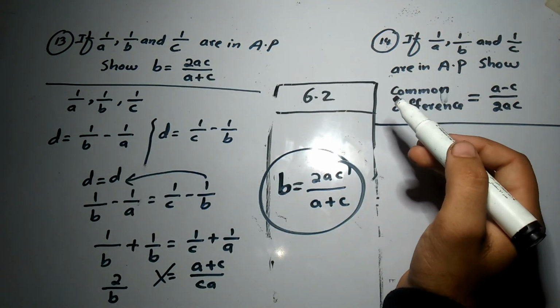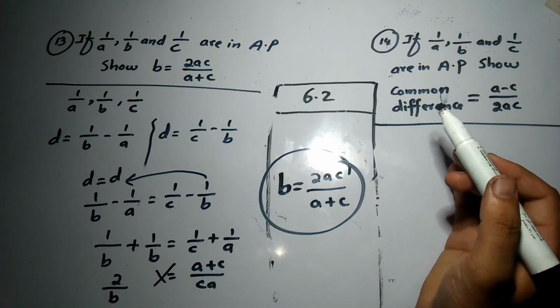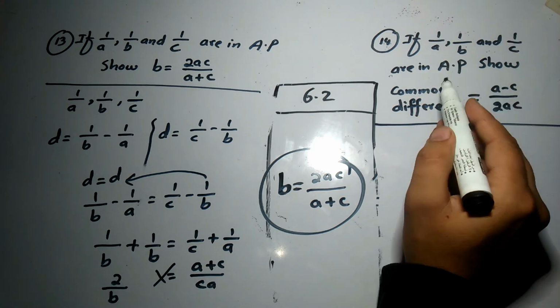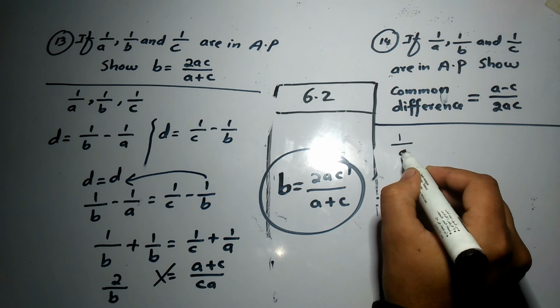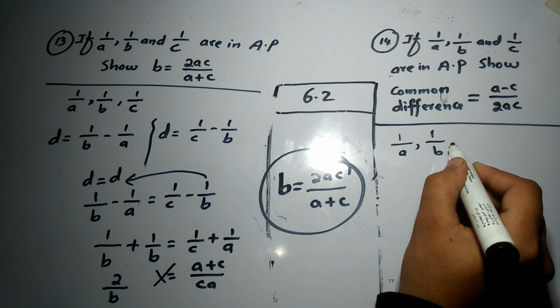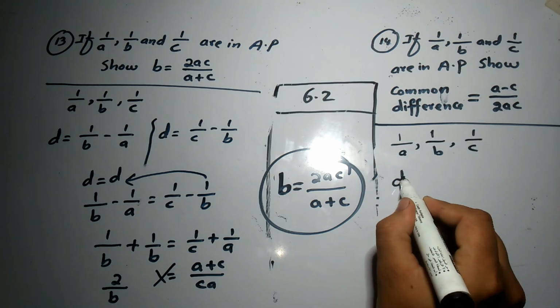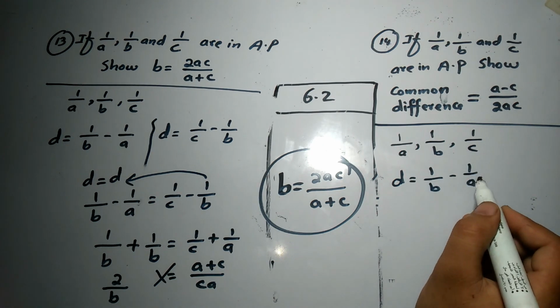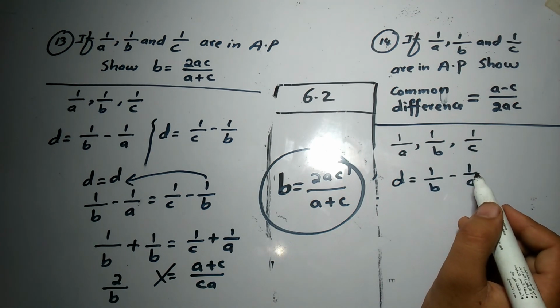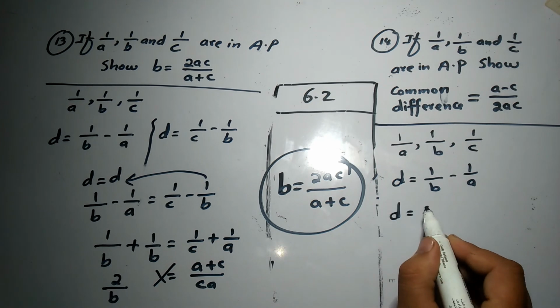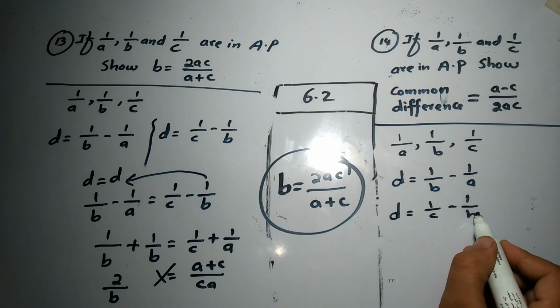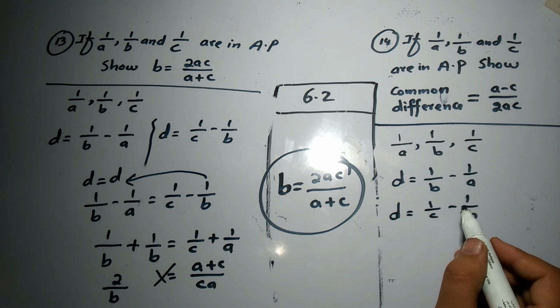Similarly, question number 14: 1 over a, 1 over b and 1 over c are in AP. So if these are in arithmetic progression, the difference will be 1 over b minus 1 over a, and similarly the difference will be 1 over c minus 1 over b.